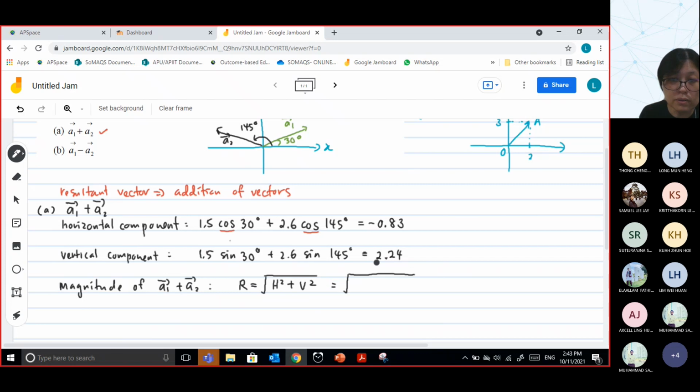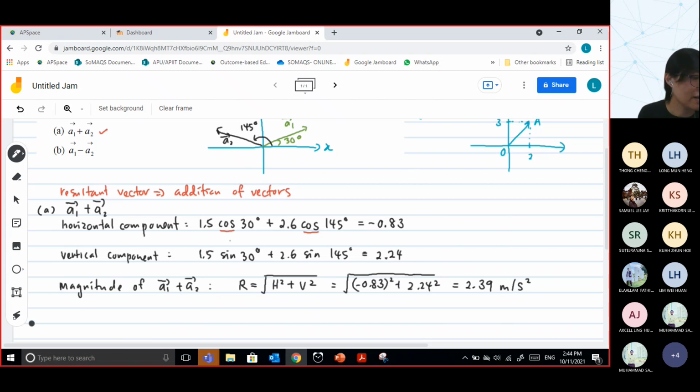So horizontal, negative 0.83 square plus 2.24 square. Let's calculate. 2.39, correct. And can you see this is about acceleration? So the magnitude you get is also acceleration, meter per second square.